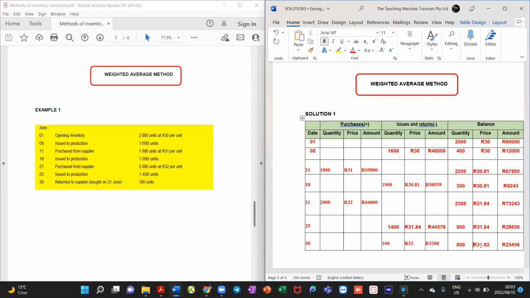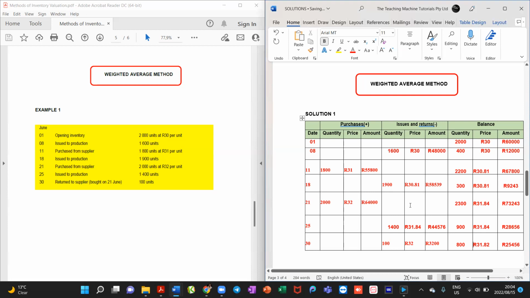Whenever you see 2 prices, you need to work out an average price. Check the transaction on the 18th. There were issues to production of 1.9. We have only 1 price, so we are fine. But on the 21st, we have 2 prices here.